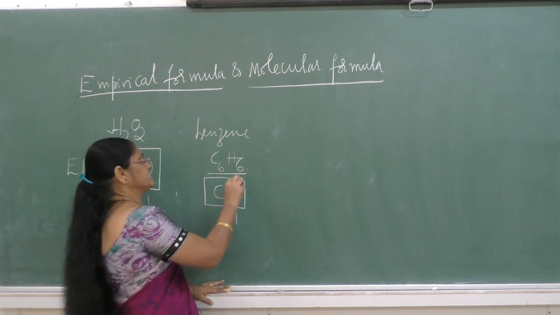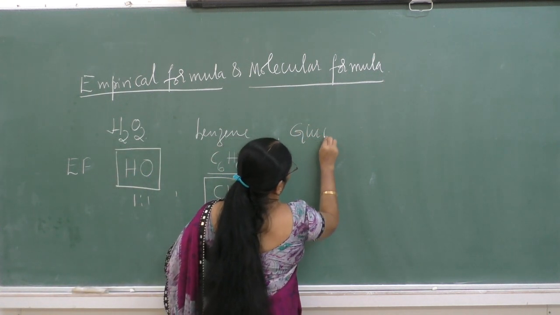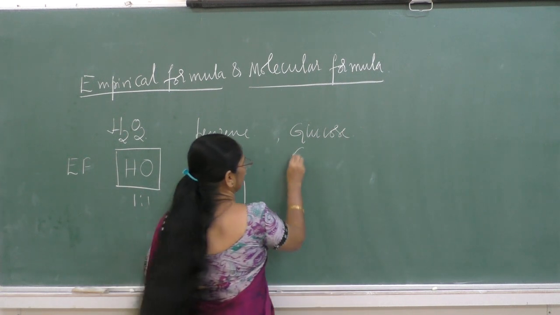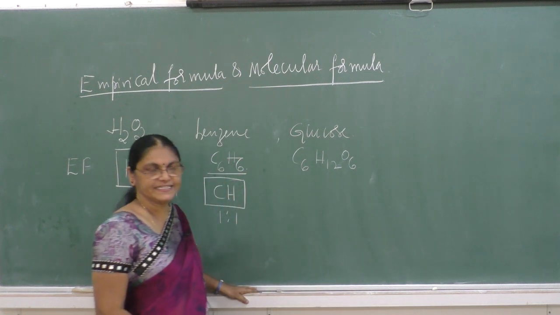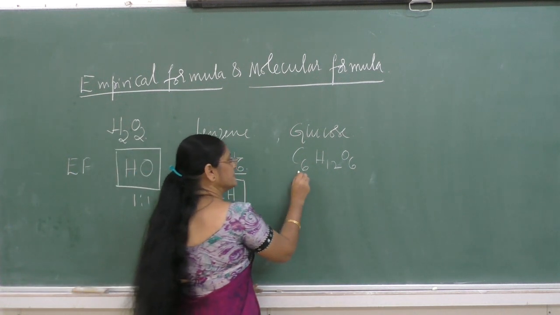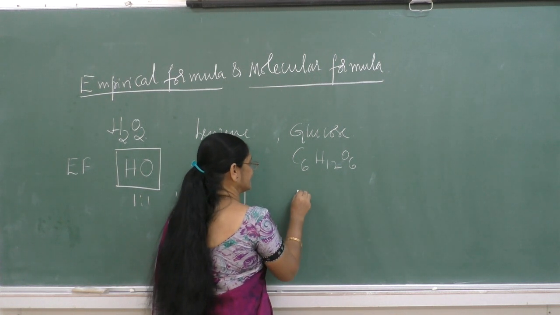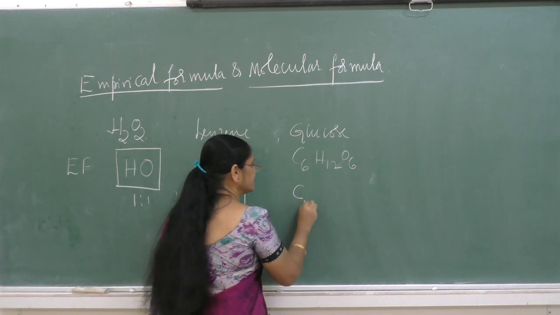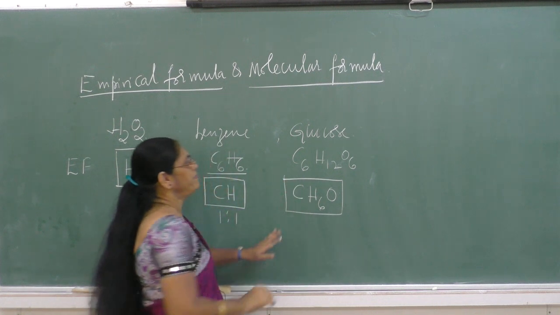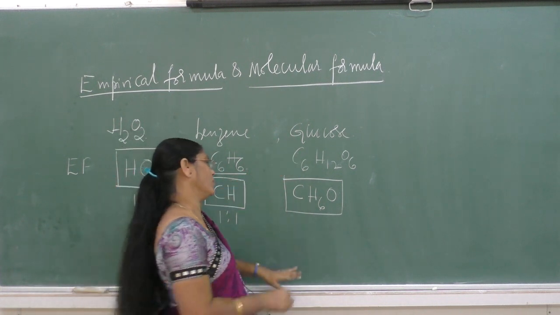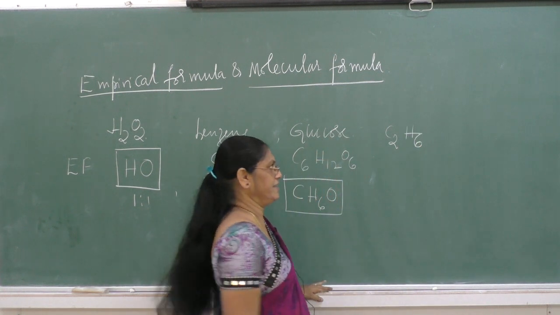Other examples for empirical formula are glucose. The molecular formula of glucose is C6H12O6. Here 6 is the common factor. Remove the common factor 6, then this becomes CH2O. So this is the empirical formula of glucose. Then C2H6, this is ethane.